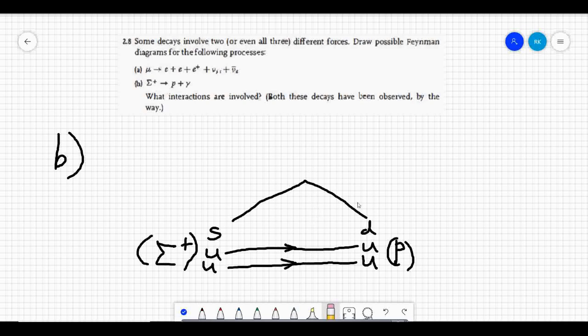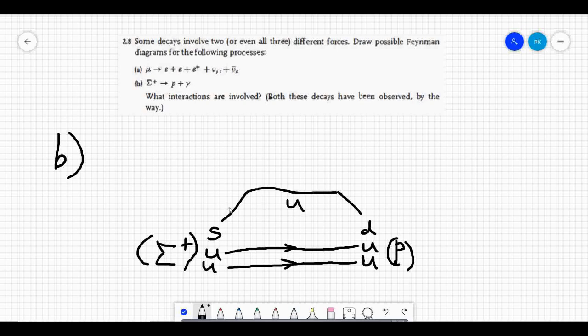So instead, we're going to take a bit of a detour and introduce an up quark to balance the strange quark and the down quark. So what we're going to do is draw 2 legs like this, and then have an up quark in the middle.